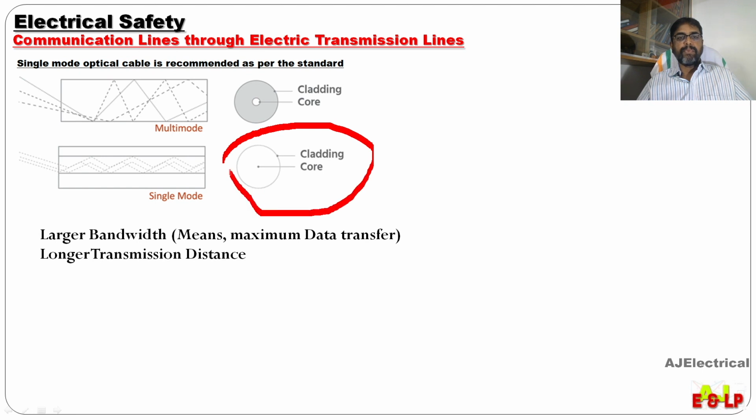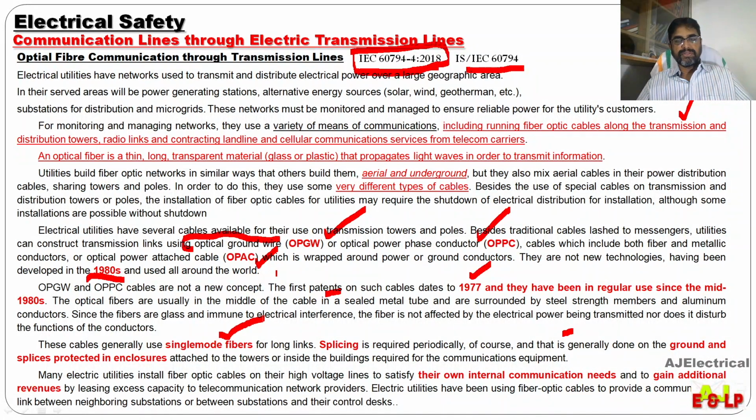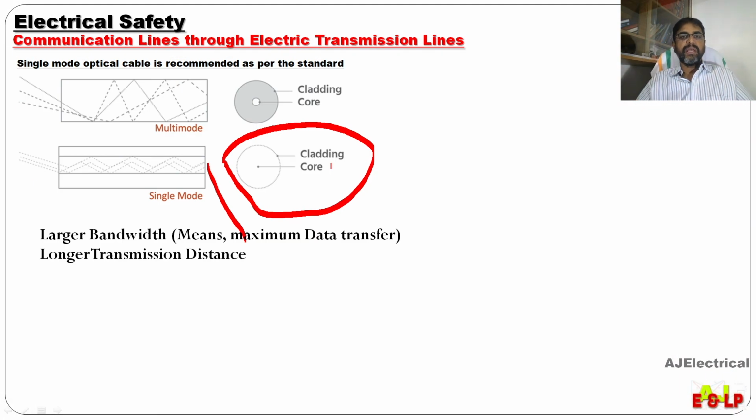The central portion is called the core and the surrounding portion is called the cladding. Through this fiber a light signal or optical signal is passed. If it is single mode, you can transfer only a single light signal or a single wavelength signal. But if it is multi-mode, you can send many light signals.